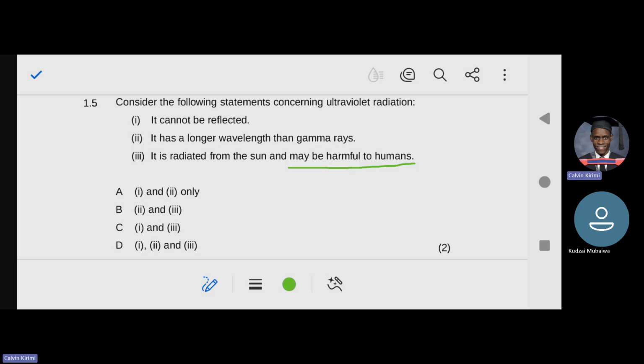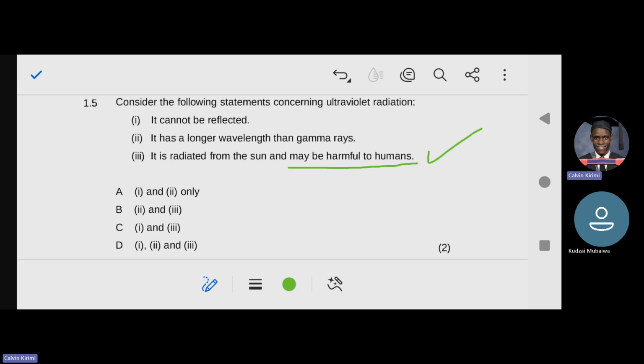When they say the ozone layer is removed, it means the sun will hit us directly. So point number 3 is there. We want it, so we are eliminating others. Let's check.